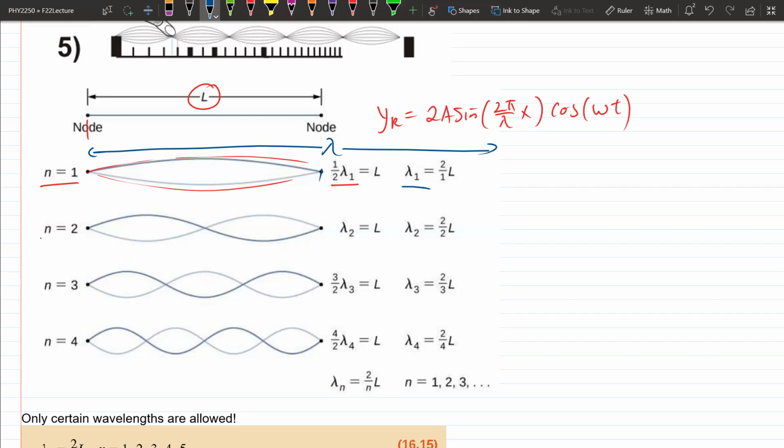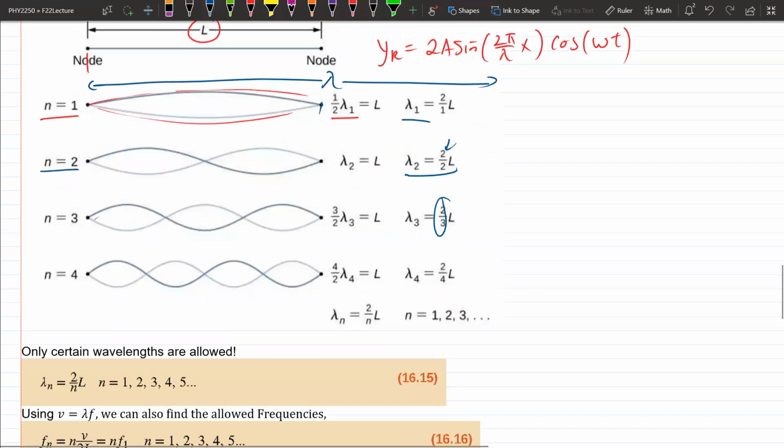The second note, or n equals 2, is exactly 1 wavelength, or 2 over 2. The one that has 3 lobes is 2/3 the length of the guitar string. And then keep going like that, where the one that has 4 lobes will be 2/4 times the length of the guitar string.